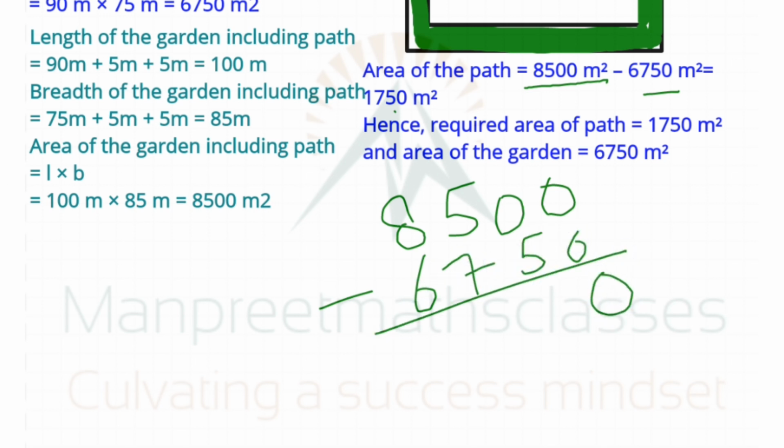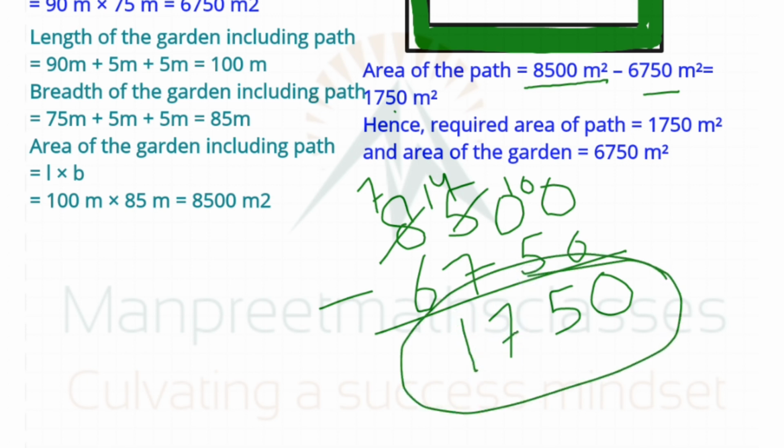Now here you can't subtract, so you take carry, so this will become 10 and here it will be 4. 10 minus 5, 5. Same process here, 7, 1 will go in carry, so 14 minus 7, 7, and 7 minus 6, 1. So 1750 meter square is the area of the path.